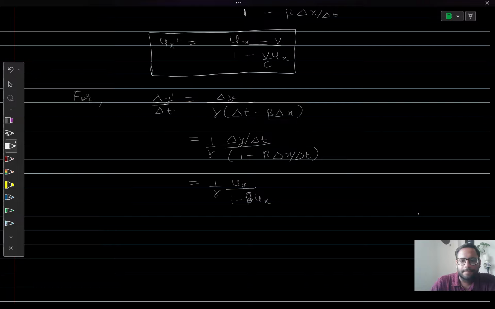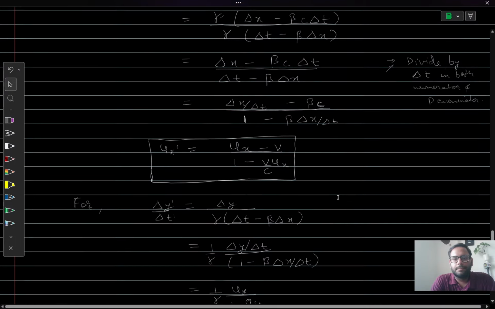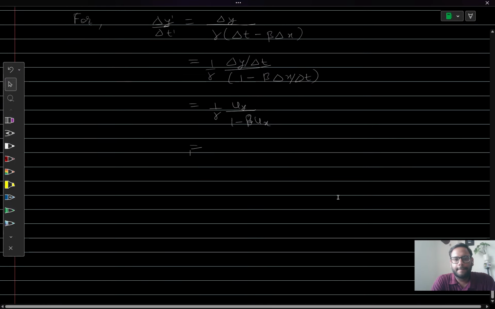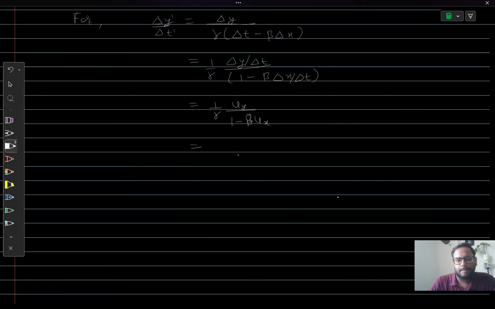You can simply write it like this, so gamma, it is uy upon 1 minus v ux by c.